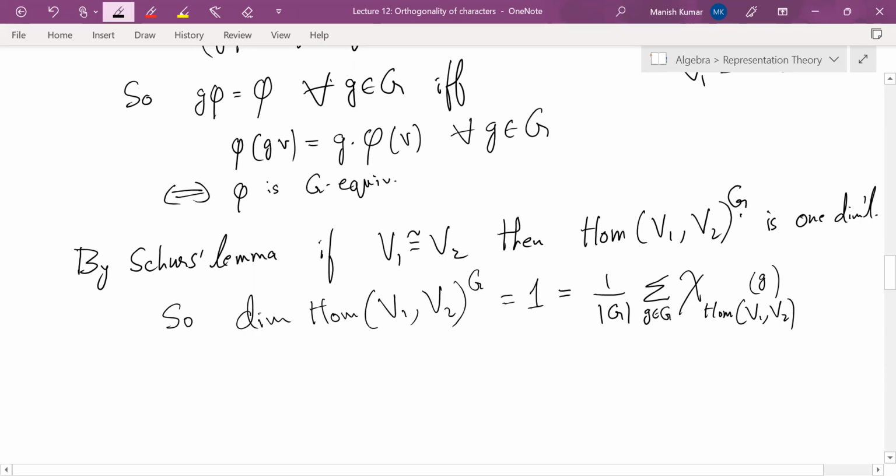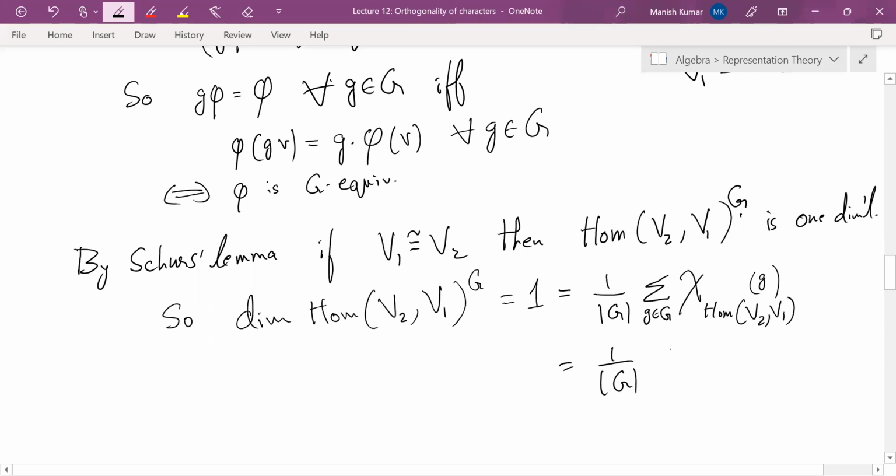is the same as 1 over the size of G. So maybe I should have done V2, V1. It doesn't matter whether I do V1, V2 or V2, V1, but the formula will come out properly if I do V2, V1. So let's just do that: Hom(V2, V1).